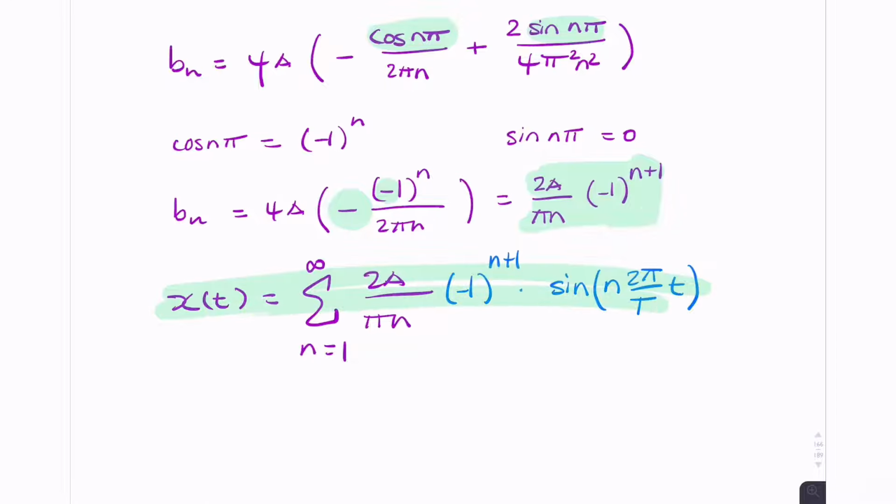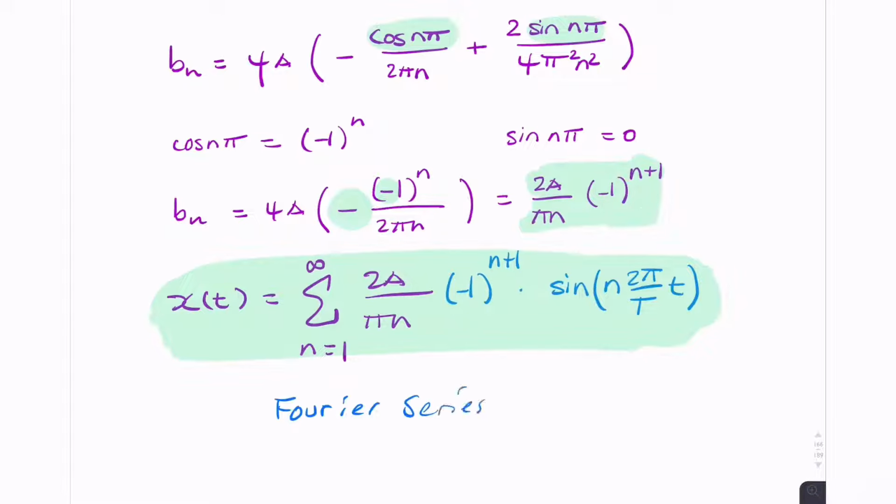So this is the final answer for part A. This is my Fourier series representation. Anything less than this will be an incomplete answer. This is my Fourier series of x of t.